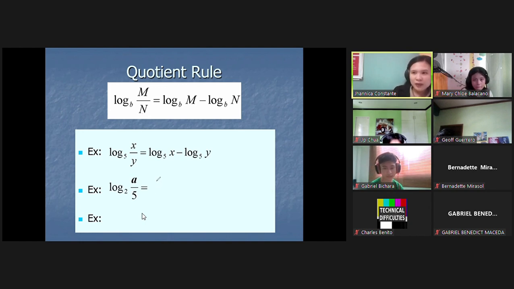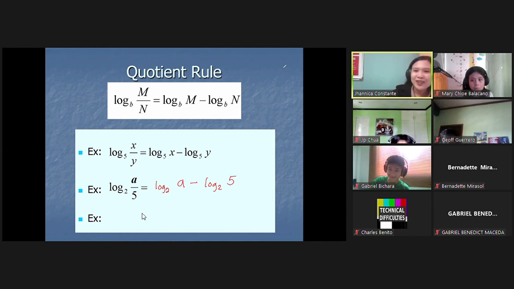So we will be having log of 2a minus log of 5. So that's the only thing that you're going to do in expanding the logarithmic function that we have. We're not going to solve anything. Just remember the rule that we have in the properties of the function.